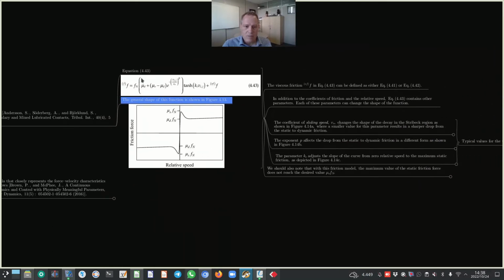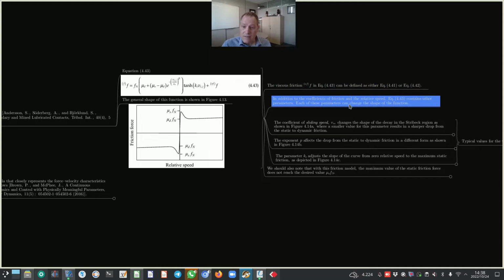So when we look at this formula and model in more detail, the viscous friction term, this last term in equation 4.43, can be defined as either equation 4.41 or 4.42, which we spoke about and showed earlier in this lecture.